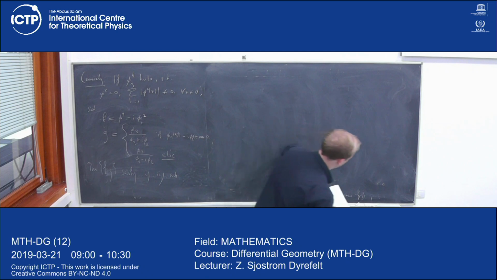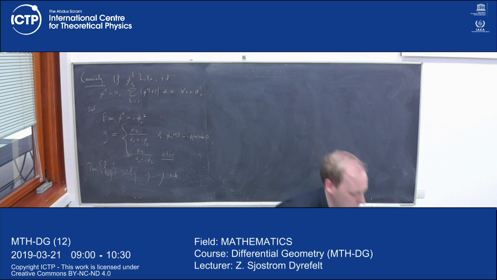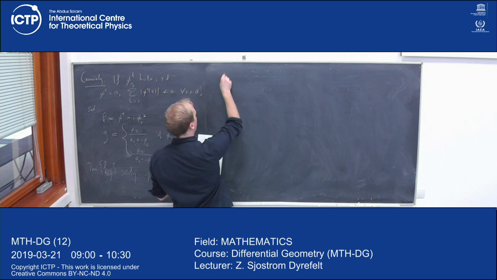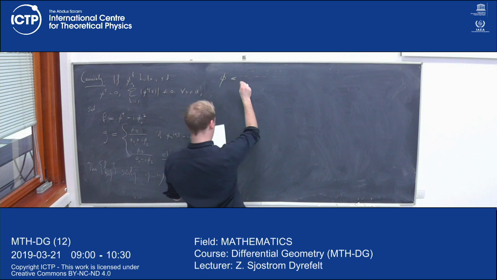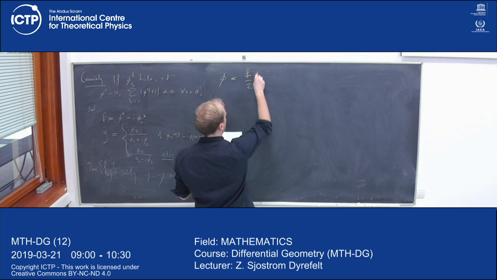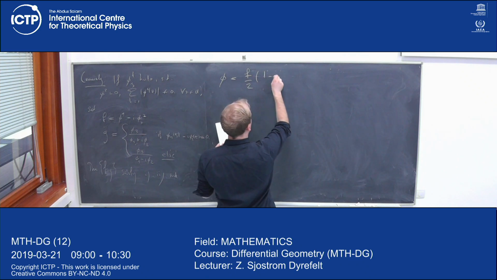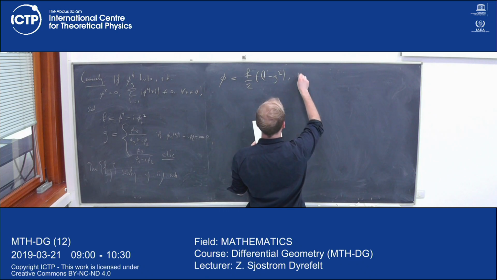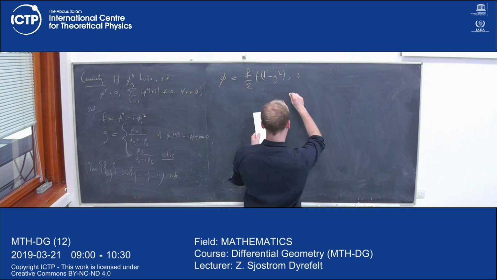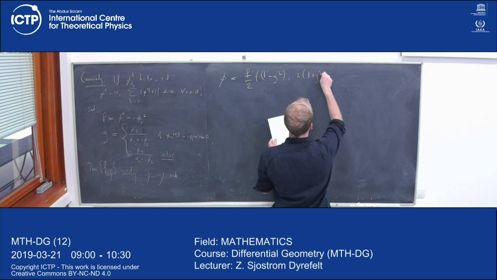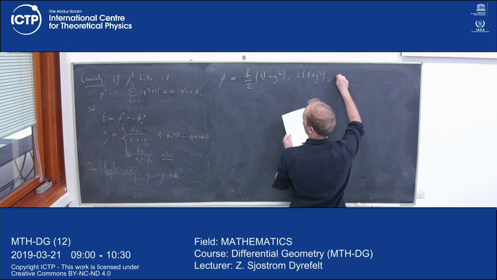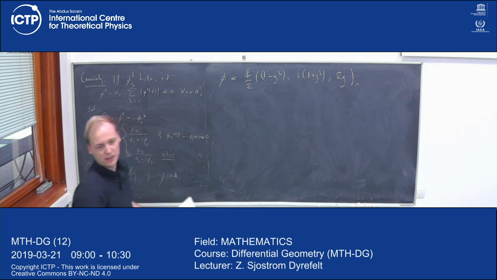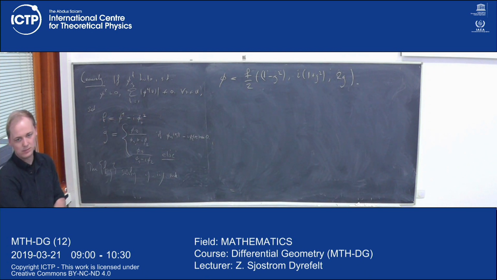Then I want to say something about the Gauss map. And this phi is equal to f half times 1 minus g squared, i times 1 plus g squared, and 2g. So this is the representation, exactly the one that you wanted.